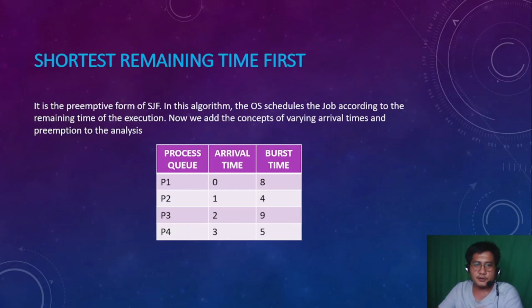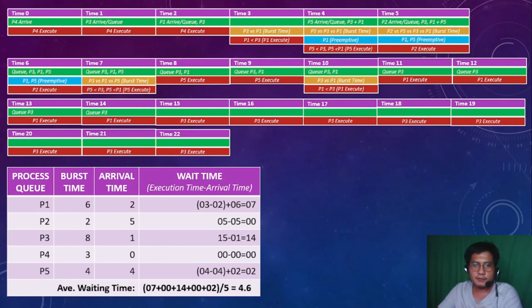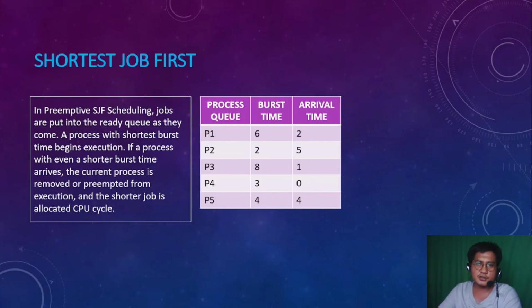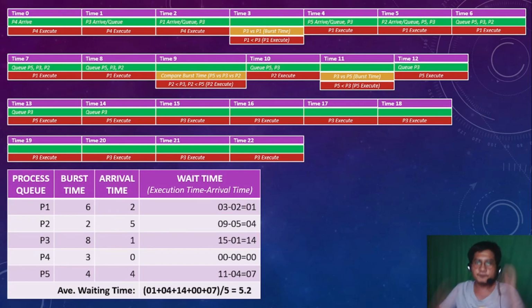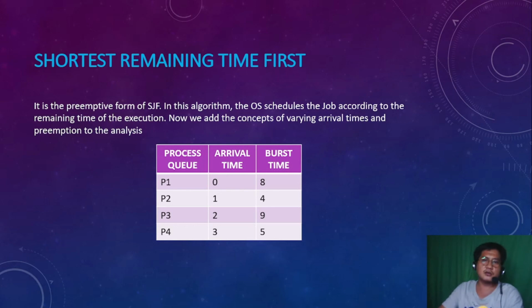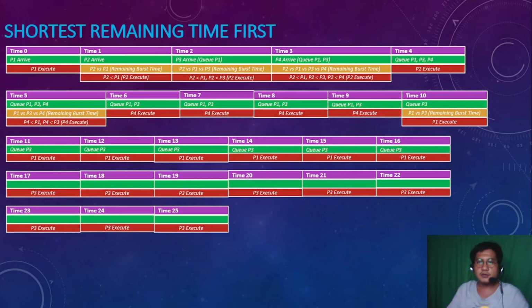So the difference between the shortest remaining time first and the shortest job first is that the shortest job first will compare the total burst time of the processes, while the shortest remaining time first will compare the remaining burst time.